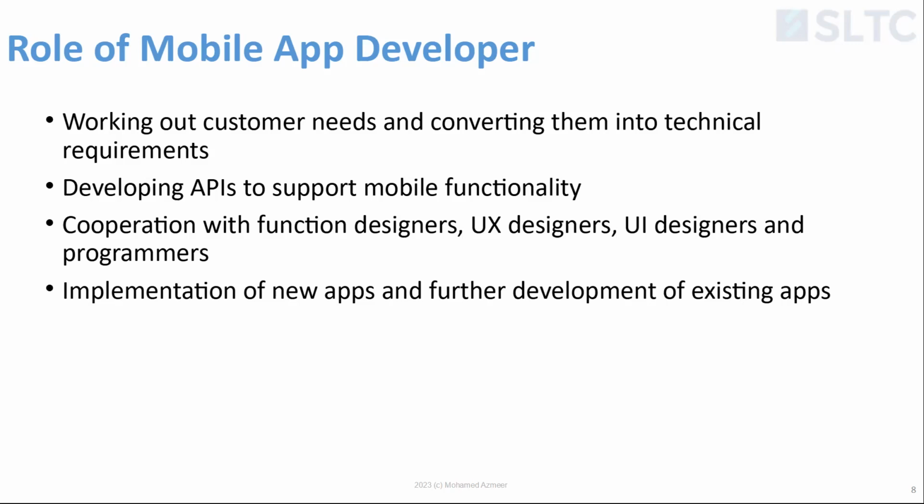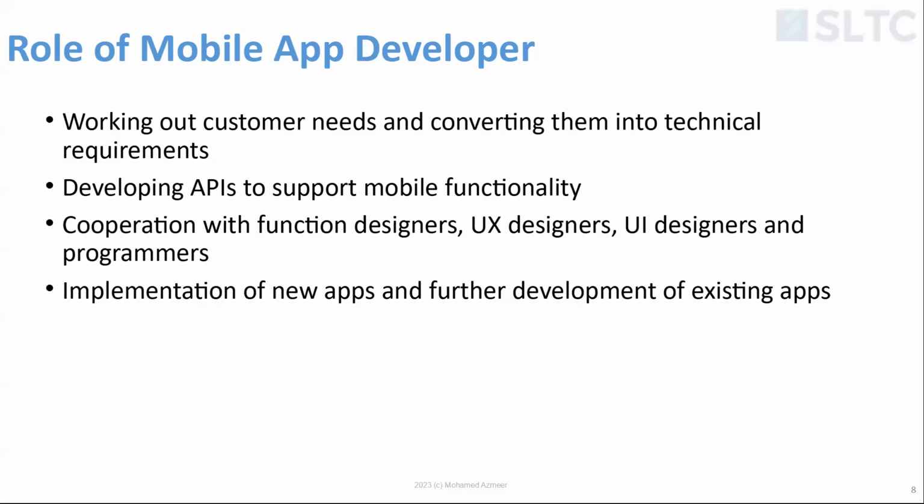Because in that team, there may be different people doing these roles. So there may be a business analyst understanding what the customer wants and then converting that into a technical document. And then there may be another backend developer who will be developing the APIs required for the mobile application. So there are two parts. There is backend, then there is front end.